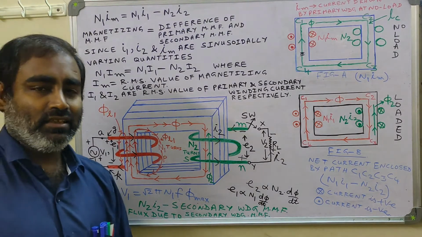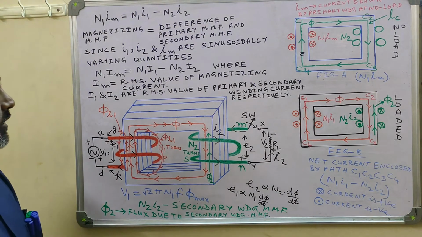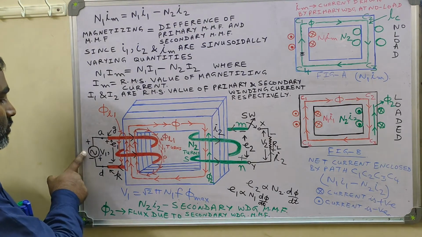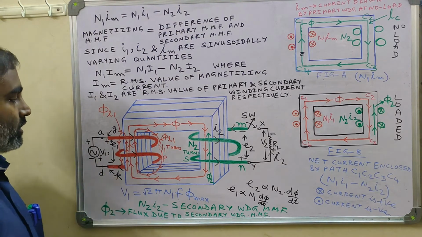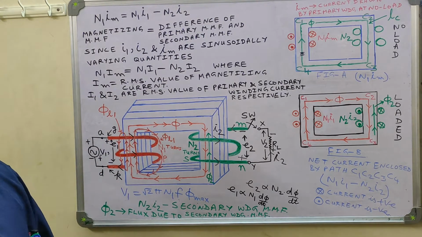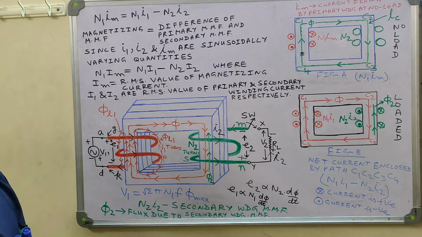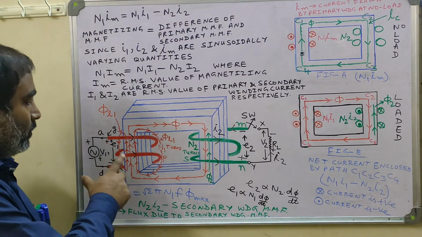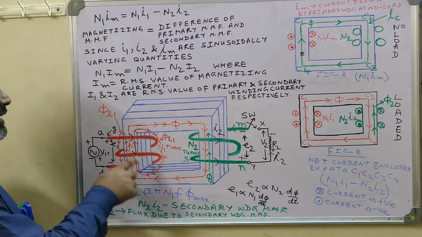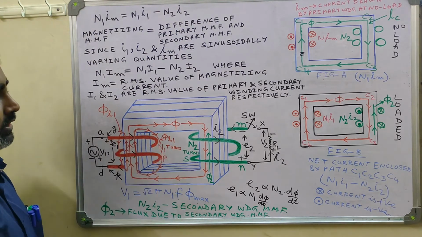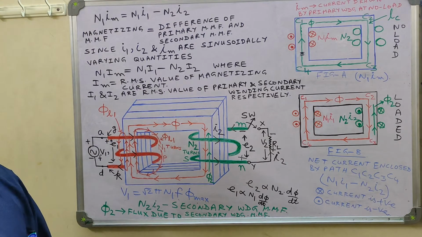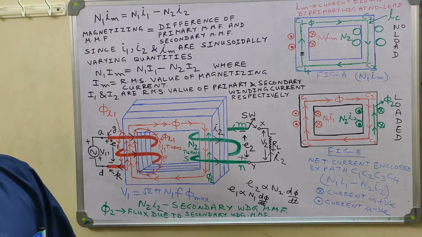To be precise, since we have applied a sinusoidal voltage source to the primary winding of the transformer, the quantities in this transformer will be varying in a sinusoidal way.